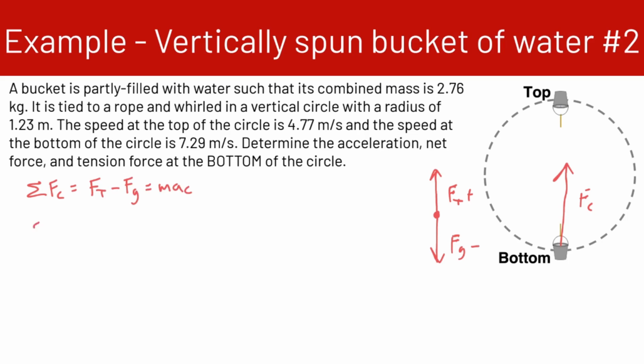AC. So let's figure out our centripetal acceleration first. Again, remember this is v squared over r. Now our velocity at the bottom of the circle is 7.29 meters per second. So we have 7.29 meters per second squared divided by our radius, not the mass.